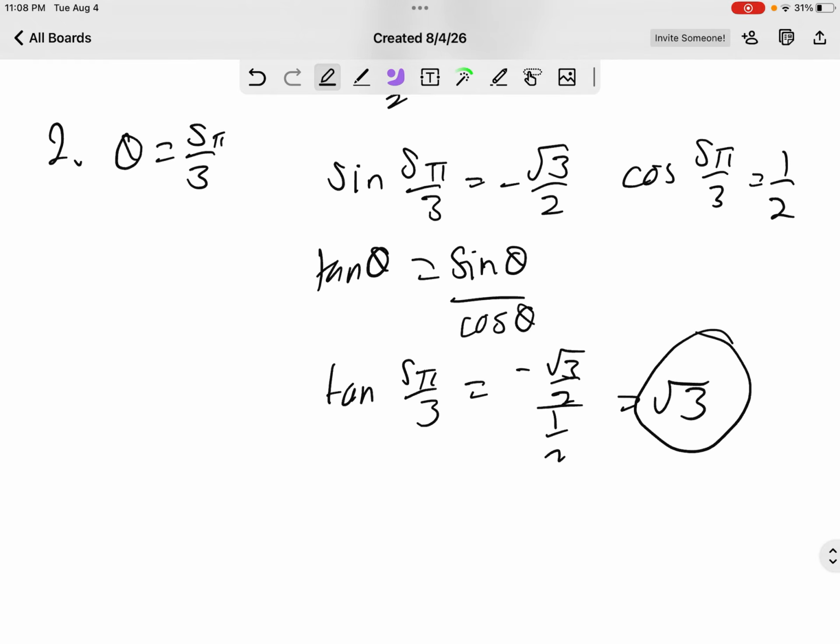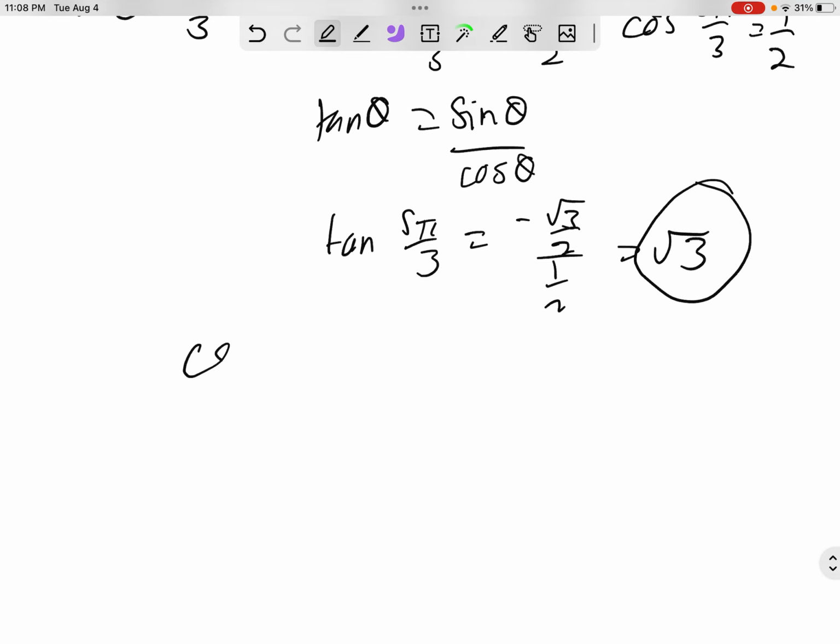Next one, we're going to be using the cosecant formula, which is CSC theta equals 1 over sine theta.